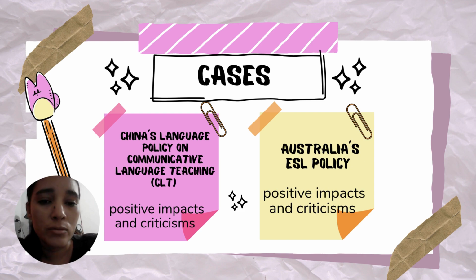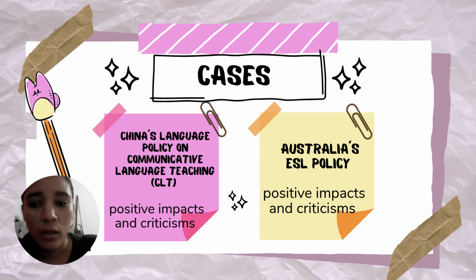Case two: Australia's ESL policy. Positive impacts. Teacher flexibility: Australian teachers enjoy a degree of freedom in choosing methods, allowing them to tailor instruction to diverse students' needs and backgrounds.